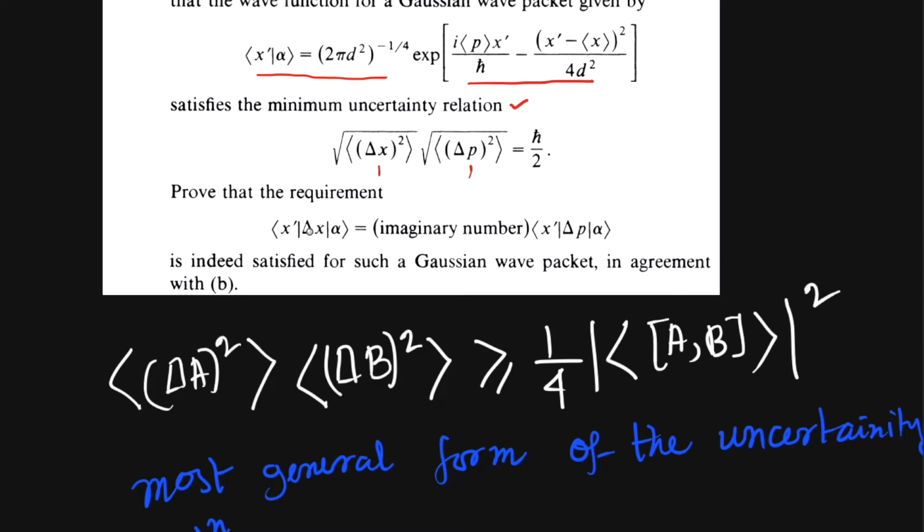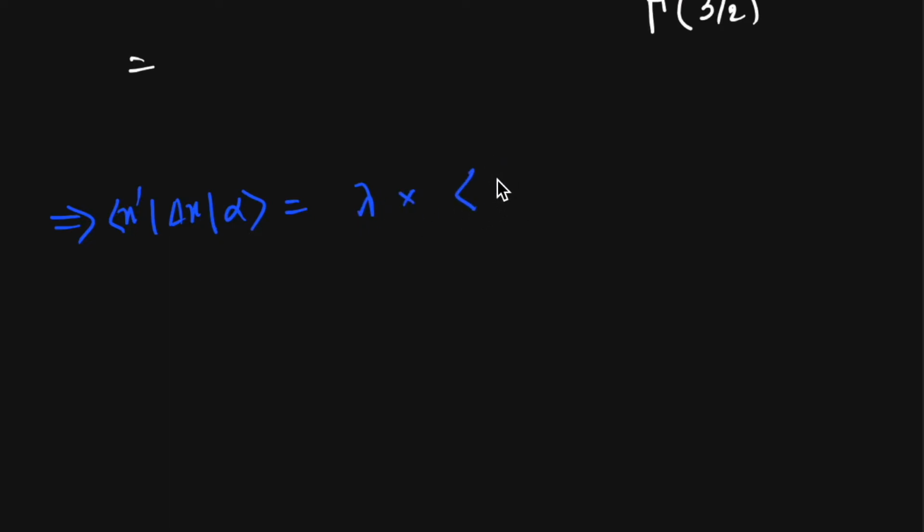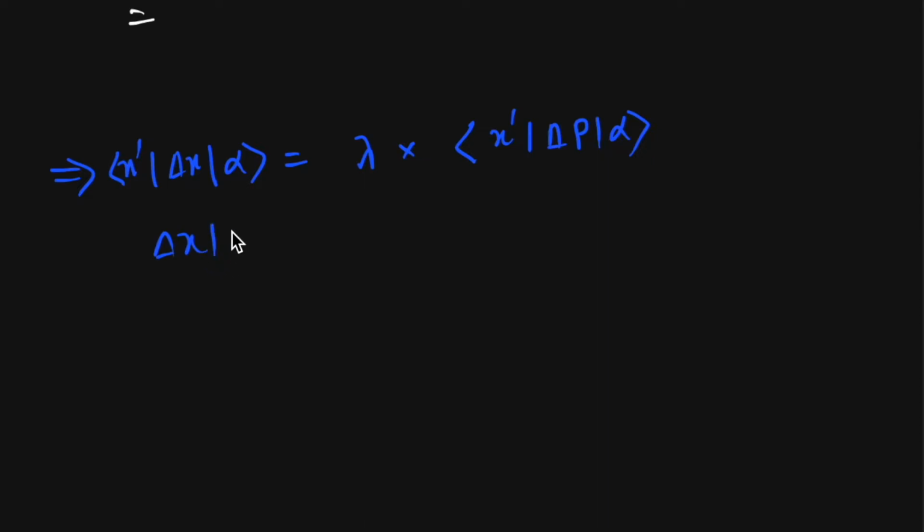So if we generally prove that delta x prime delta x alpha is equal to imaginary number x prime delta p alpha, that is actually equivalent to saying that if we can prove that delta x prime alpha is equal to some imaginary number into x prime delta p alpha, that is equivalent to saying delta x alpha is an imaginary number times delta p alpha.